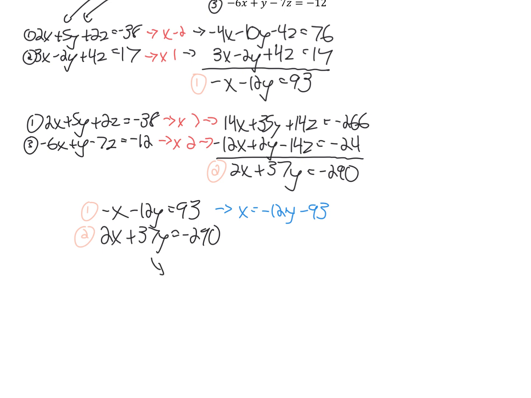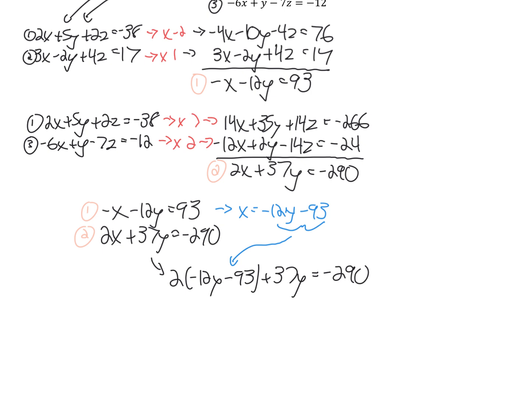So we're going to do, sorry, it's not the 2x, it's 2 times negative 12y minus 93 plus 37y equaling negative 290. Again, I took that negative 12y minus 93 and plugged it in for x using substitution.